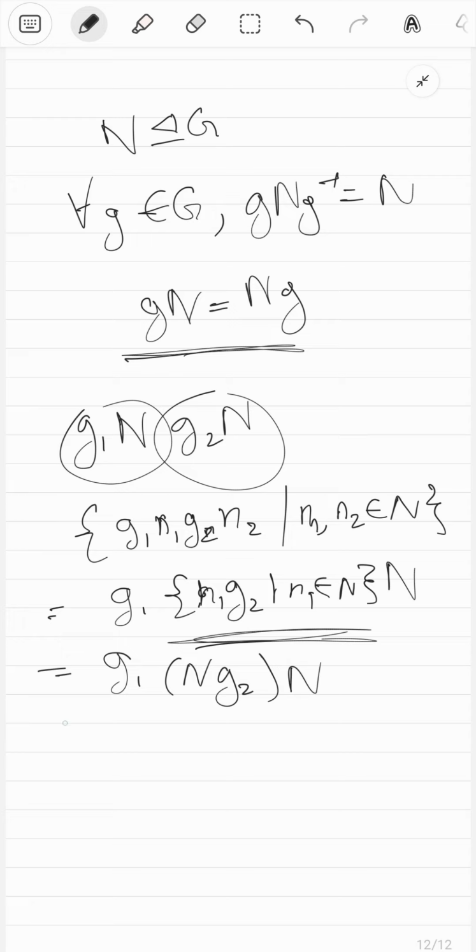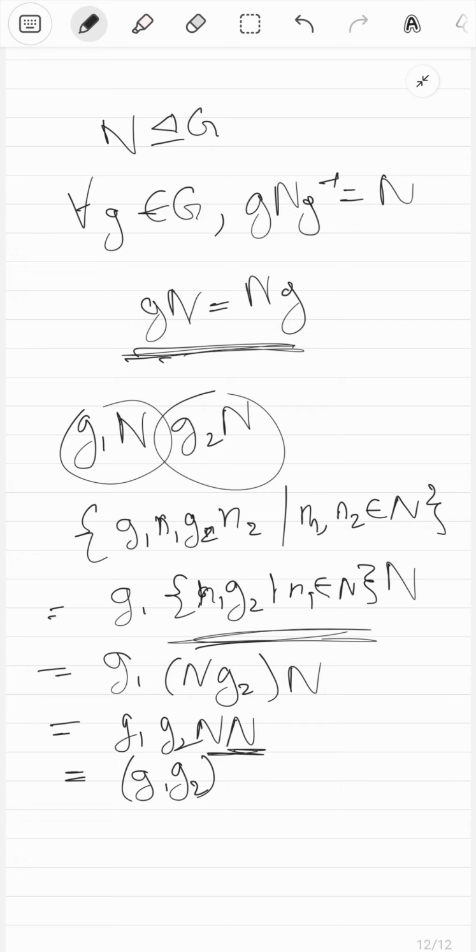But what you can do now is actually rewrite this because of this fact. So it becomes g1 g2 N, and that times N. So that's just g1 g2, and then N times N. What is that? You basically take all the elements from the normal subgroup and multiply them with everything from the normal subgroup again.